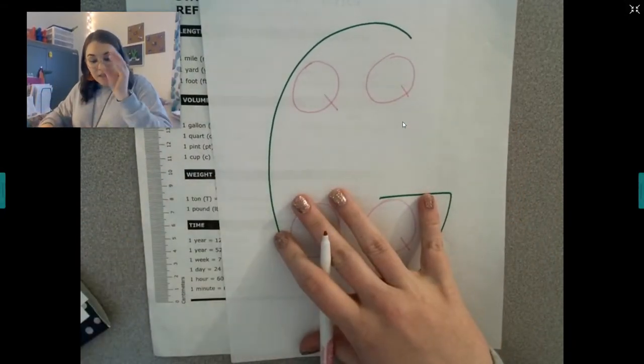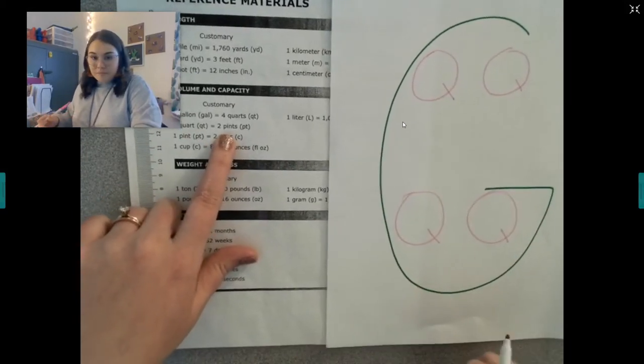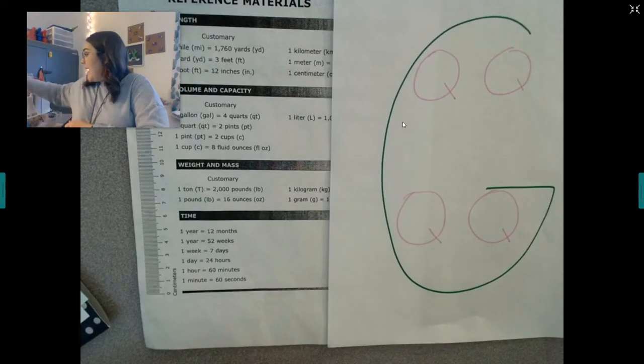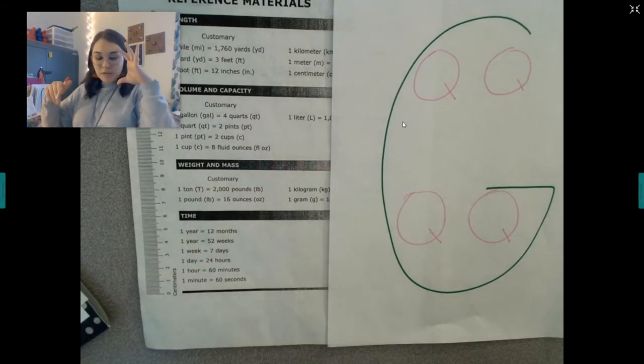So let's move a little bit smaller. What about a pint? Have you ever been to the donut store and got a small thing of milk? I know I have, like a small thing of chocolate milk or strawberry milk or plain milk. That is a pint. It's real small.